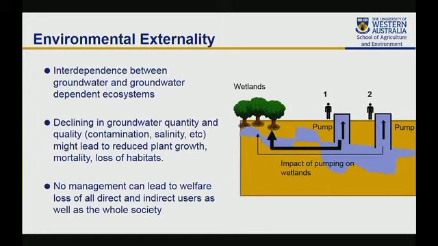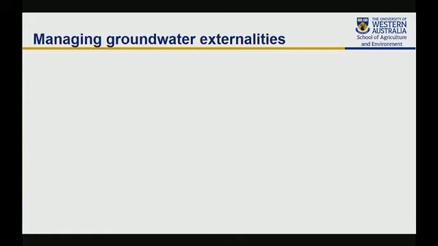So if the groundwater is over-extracted, there will be a lack of water available to support the ecosystem, and then it will cause habitat loss and the death of animals and plants. And the cost of recovering the ecosystem could be huge for society.